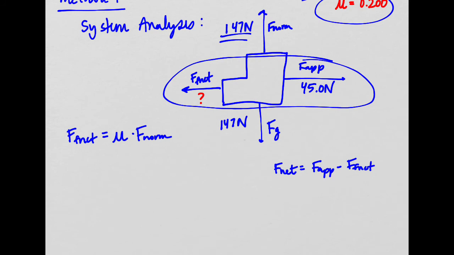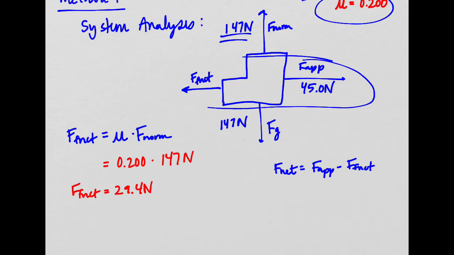So all we have to do is plug in our coefficient of friction, which is 2.00, and multiply that by our normal force, which is 147 newtons. We get a friction force equal to 29.4 newtons. Cool, that was super easy.